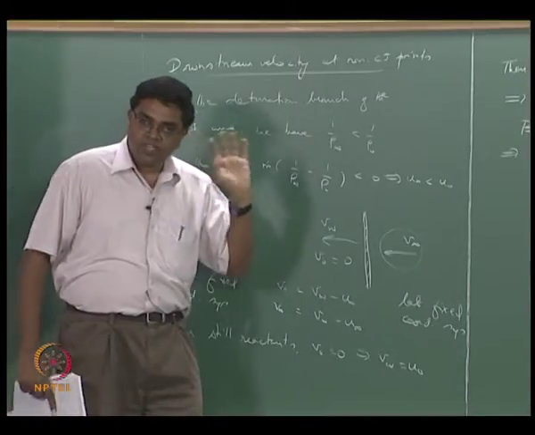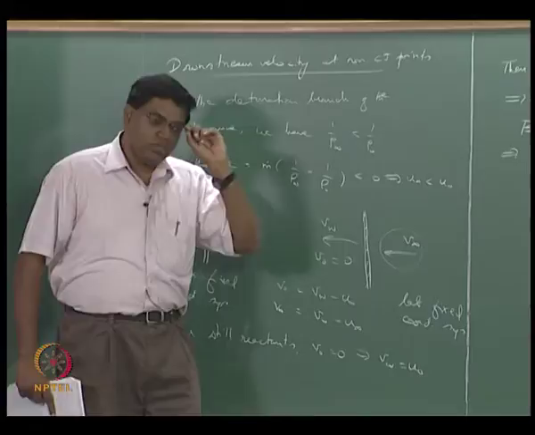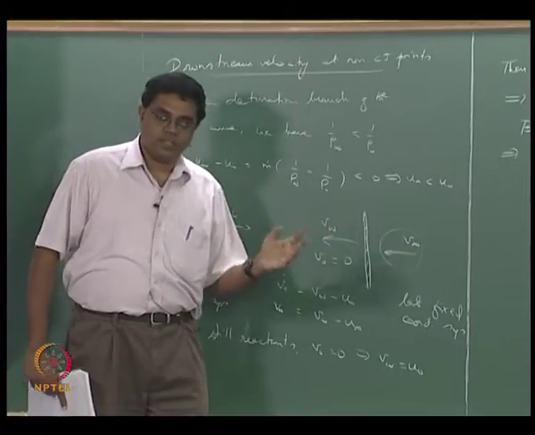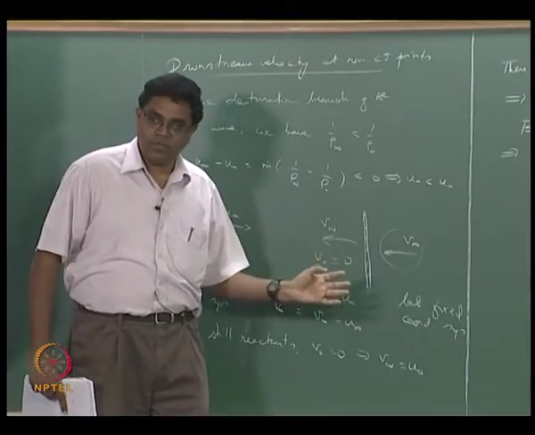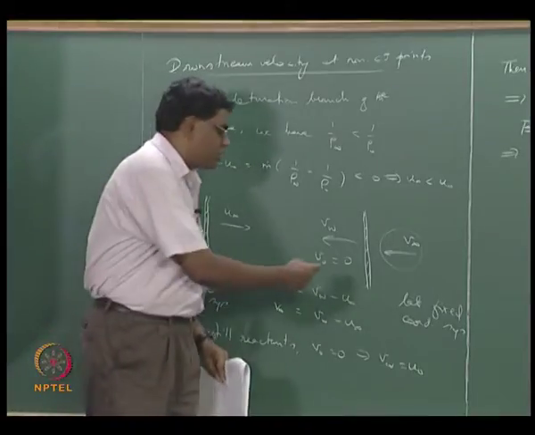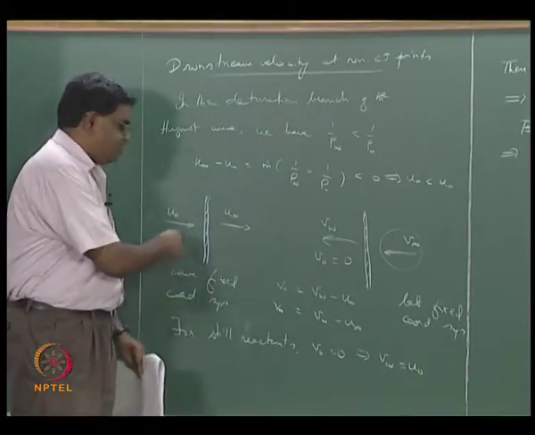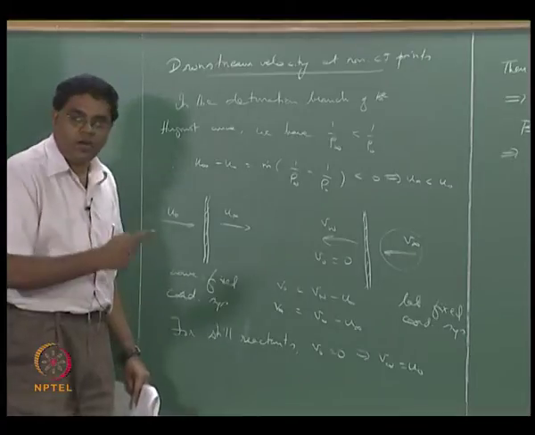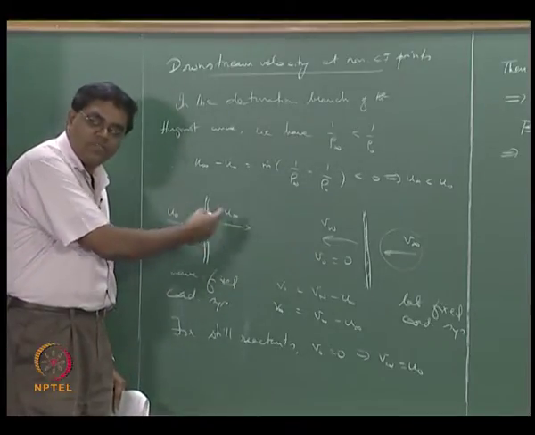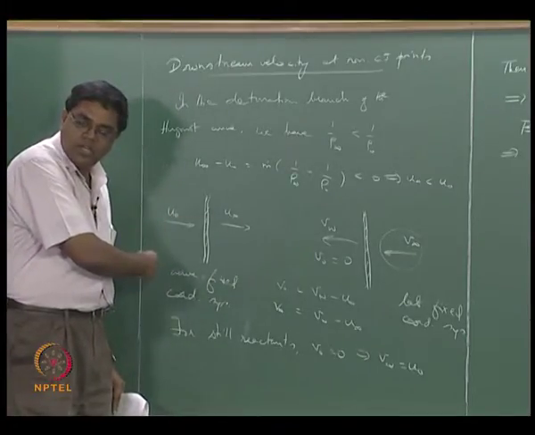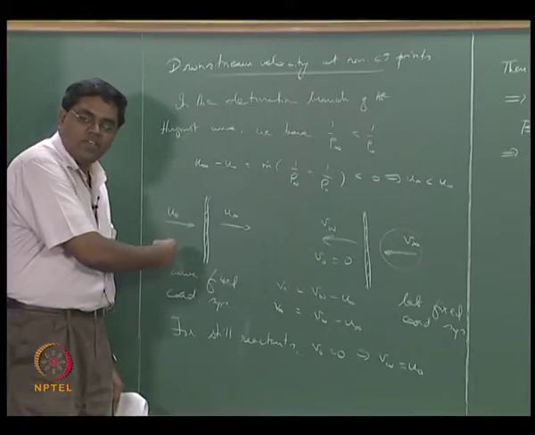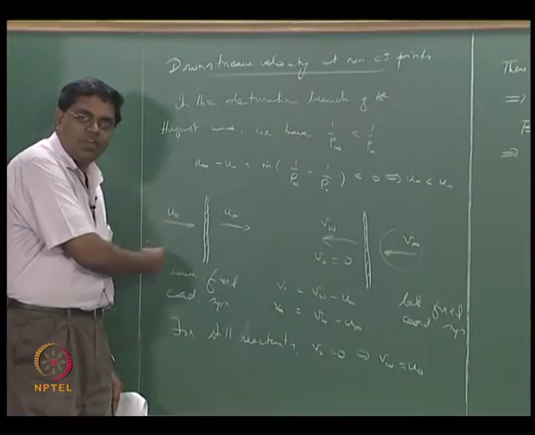Now when I say that, you have to be a little bit careful, because when you say supersonic or subsonic, it's based on the Mach number, and the Mach numbers for the upstream and the downstream are relative to their respective temperatures, and in all these cases the upstream temperature is lower than the downstream temperature.